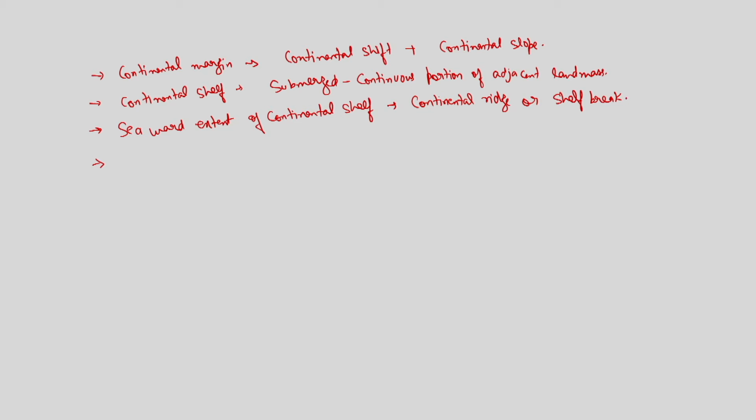Then the toe of the continental slope is known as the continental rise, leading to the abyssal plain.